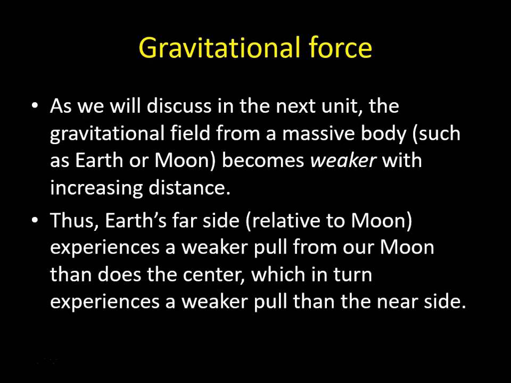But anyway, what does that mean? It means that relative to the moon, the far side of Earth is going to experience a weaker pull from our moon than the center of Earth. And the center of Earth, in turn, experiences a weaker pull than the near side of Earth. What's the result?